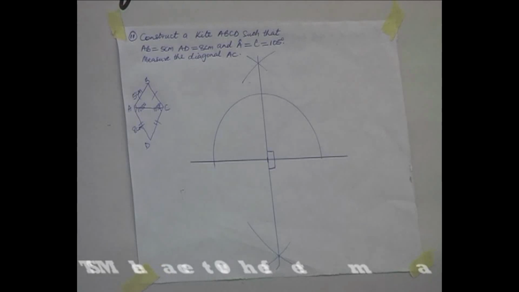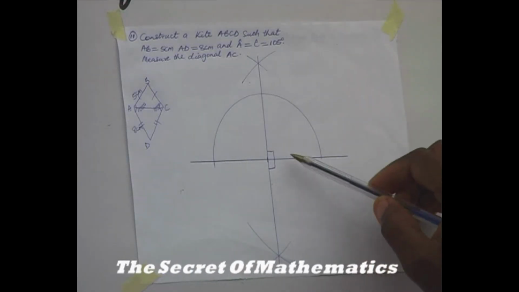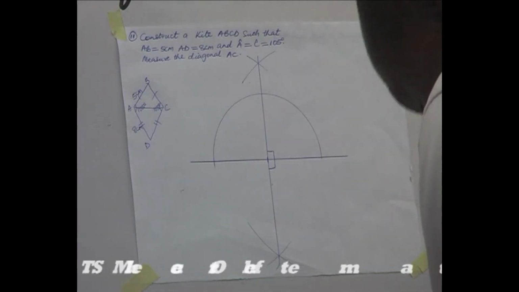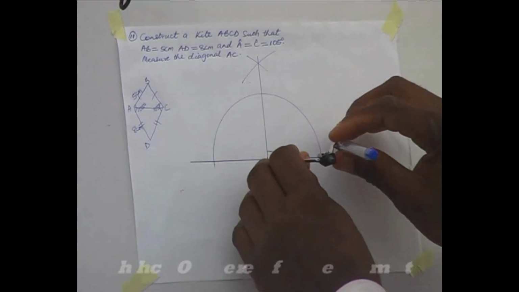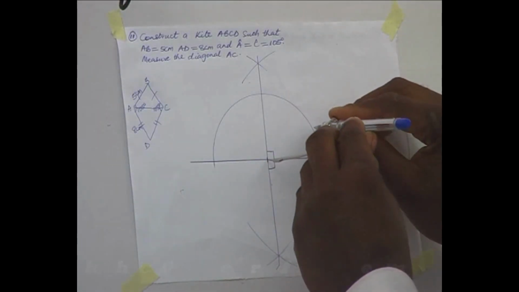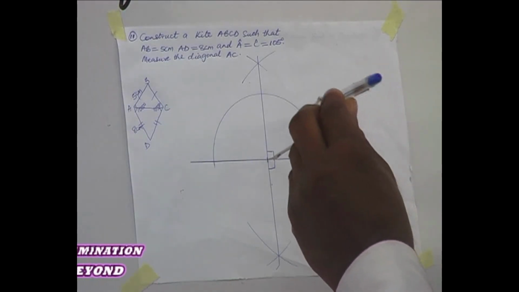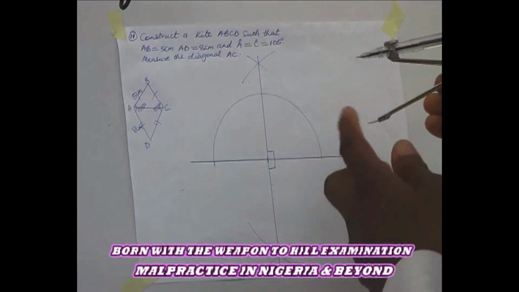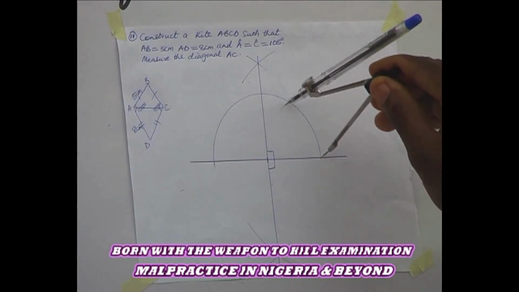Now, from this angle, that means from here to here is 90, and from here to here is 90. With the same radius with which you constructed the semicircle, bring out the sharp end of your compass, put it at this point, and cut off.